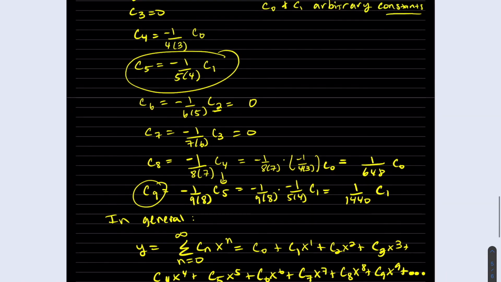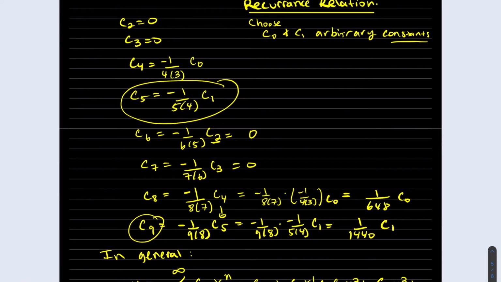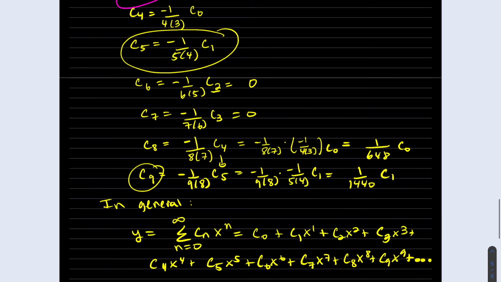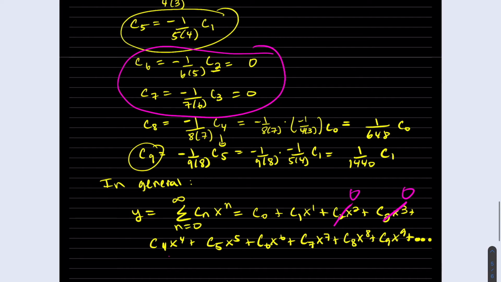Now, the reason why I like to do this first is that some of these are 0. C2 is 0, C3 is 0, and look at this, C6 is 0, C7 is 0.